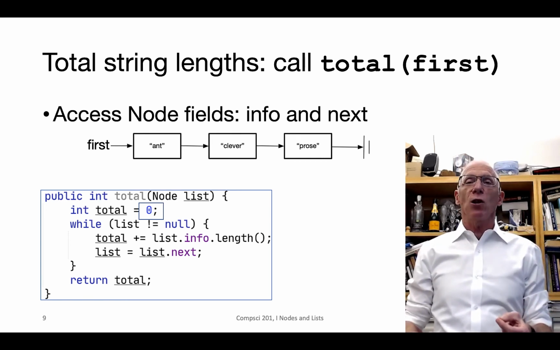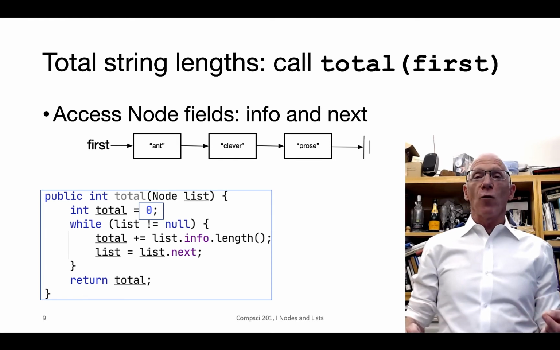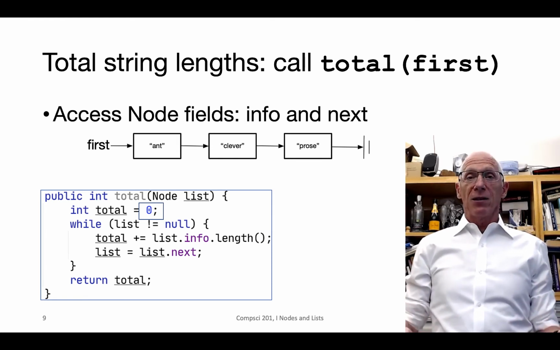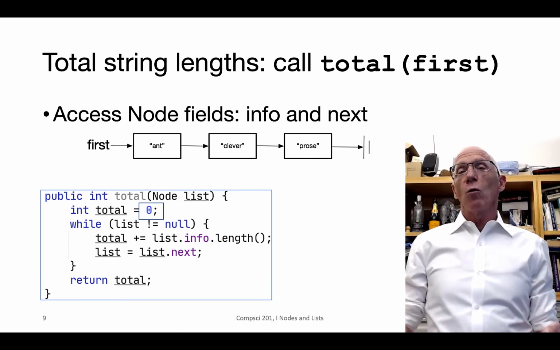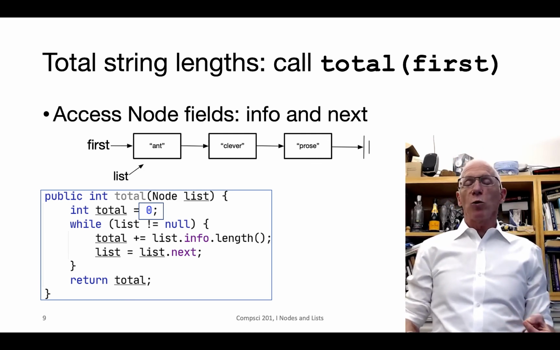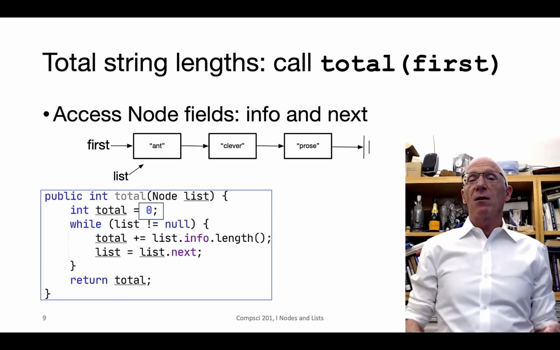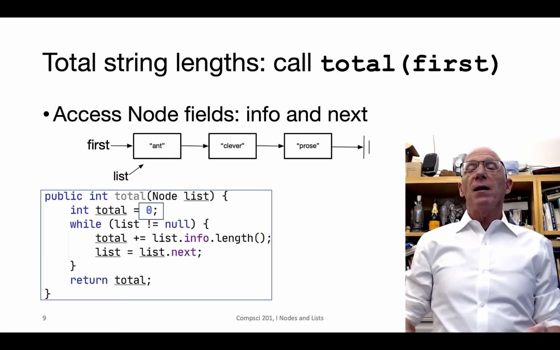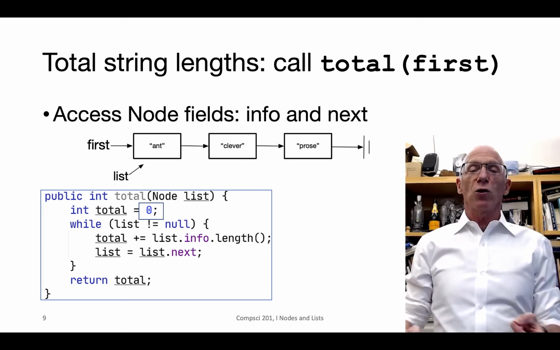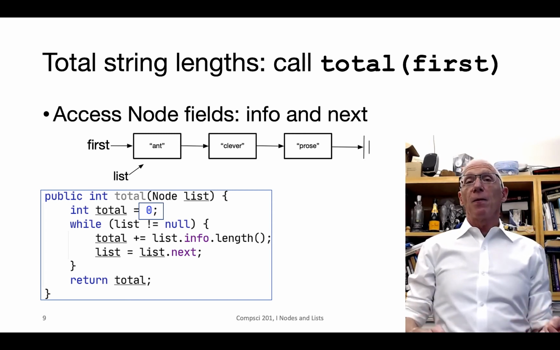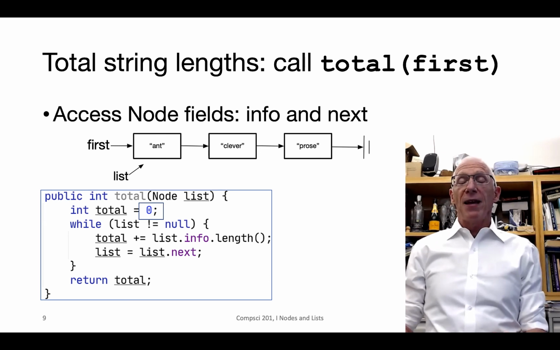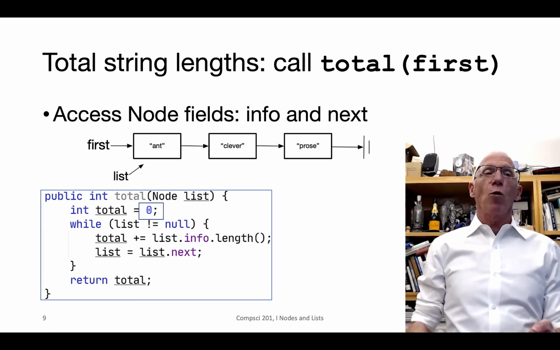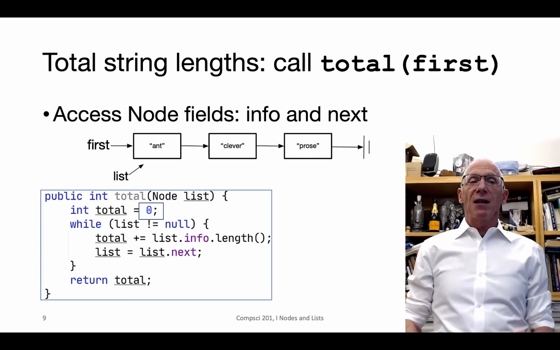And so we see here the code that will loop over this linked list referenced by variable first by calling total with first as a parameter. What we'll see then is that list, the parameter in the method, is a pointer to the first node because the variable first is passed to total, and then list in method total points at the same node. We check to see that list isn't null.